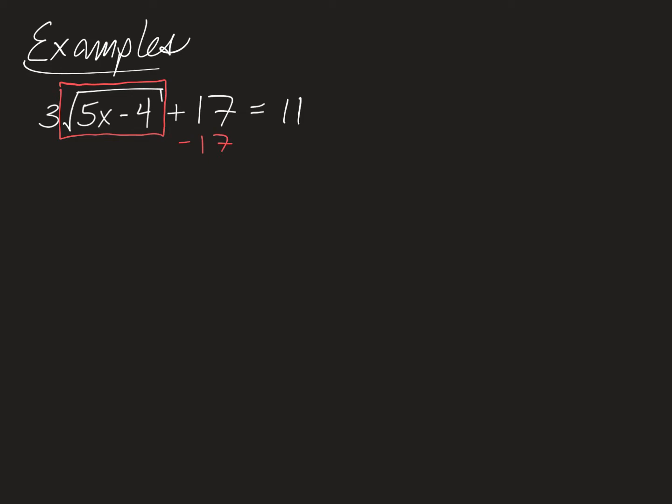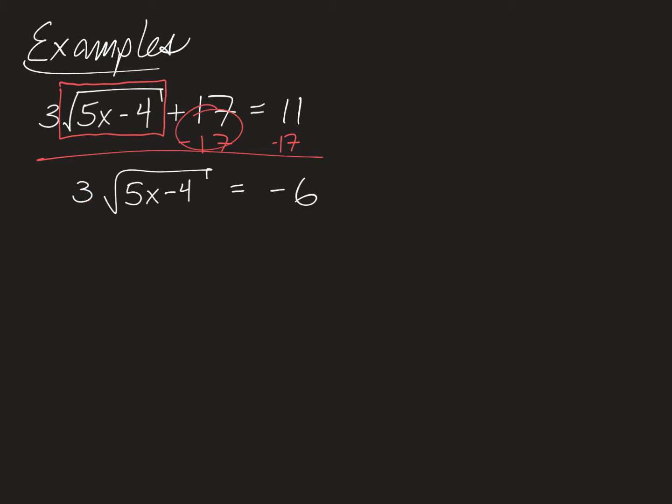Remember, we have to do all of the adding and subtracting first, so that will zero out. That means I'll be left with 3 times the square root of 5x minus 4 equals negative 6. Now we haven't isolated the radical yet. We still have this factor of 3 being multiplied to the radical.